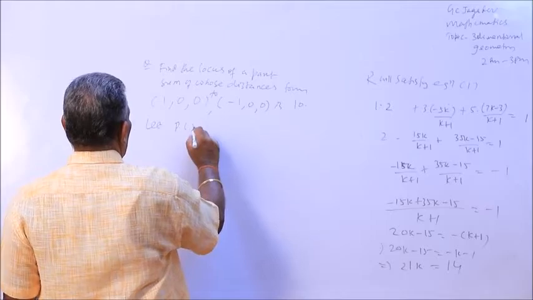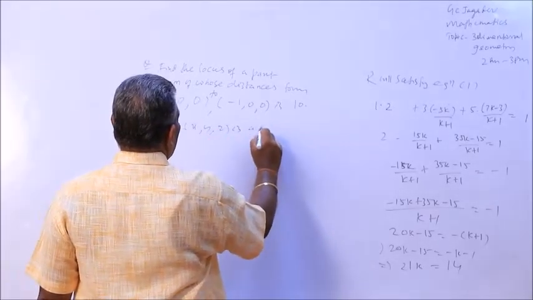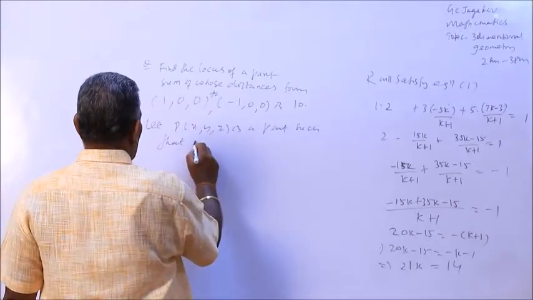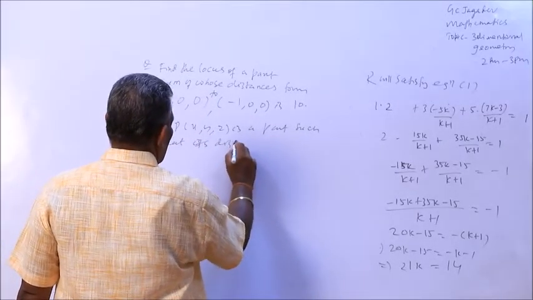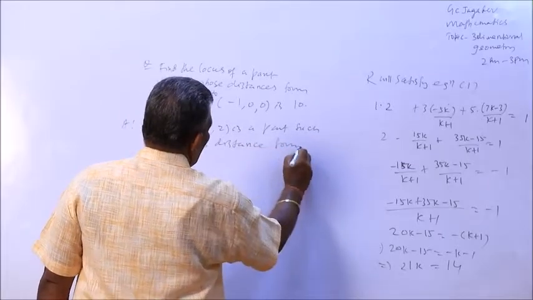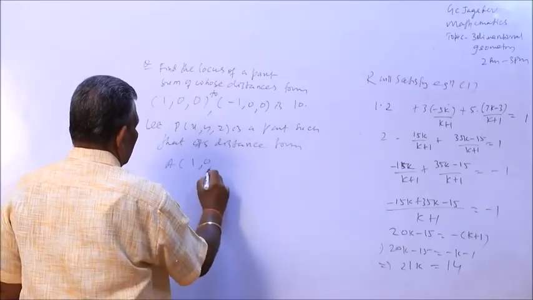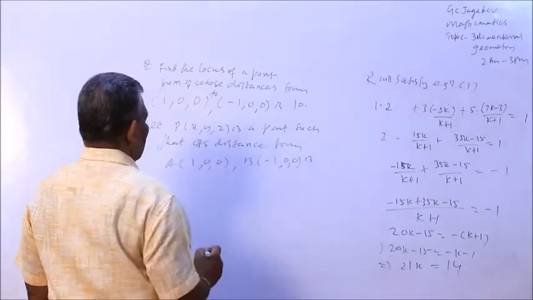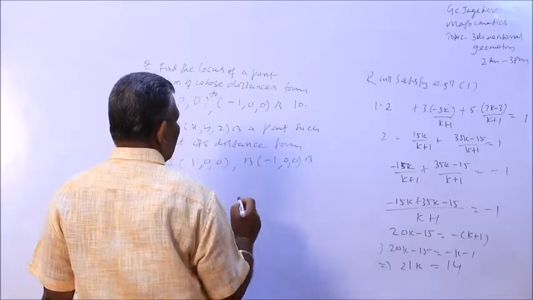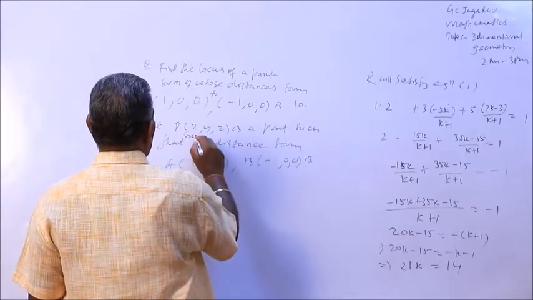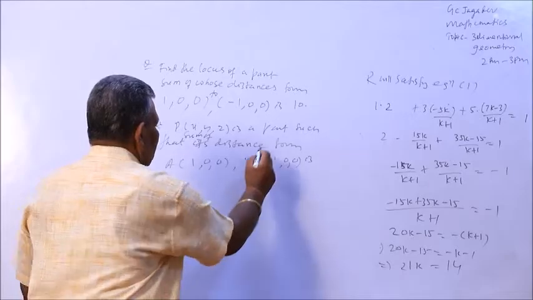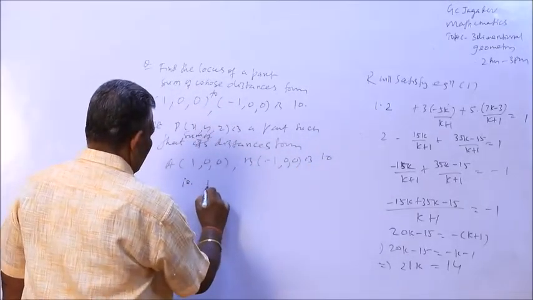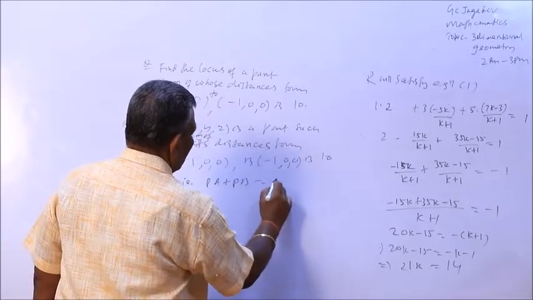Let P x y z be a point such that, suppose A is 1 0 0 and B is minus 1 0 0, the sum of its distances from A and B is 10. That is PA plus PB equal to 10.